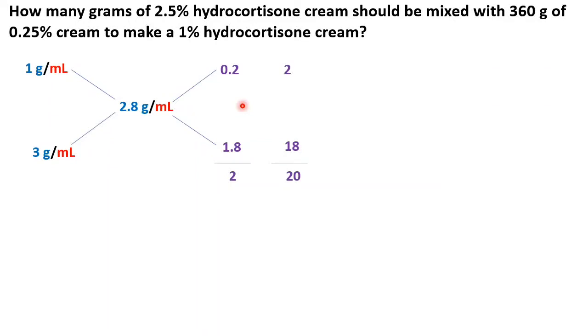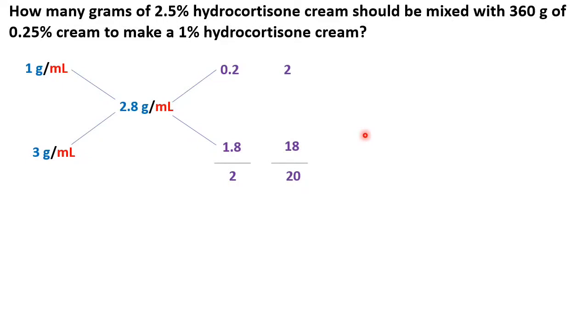Suppose that we need 100 milliliters of the final solution. How many milliliters should we take from each solution?